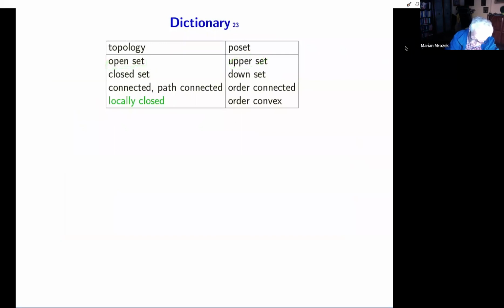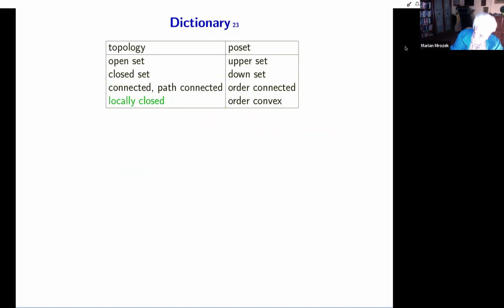You can guess that there is a dual concept of downset, and this corresponds to closed set. There is also a correspondence in terms of connectedness, but for us, a concept rarely used in topology, but very important for us, is locally closed. It corresponds to the order convex concept for finite posets.